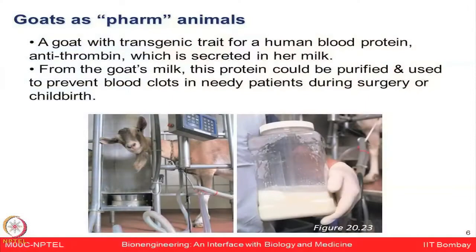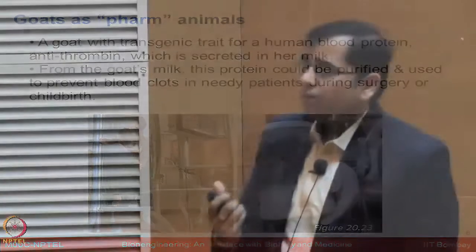If you can have enough milk produced from this goat, you can simply purify this protein, and it could be used for preventing blood clots. So these are various examples to illustrate in which way our understanding at the genome level, and the modern biotechnology tools which we are studying, can be so helpful at different levels.